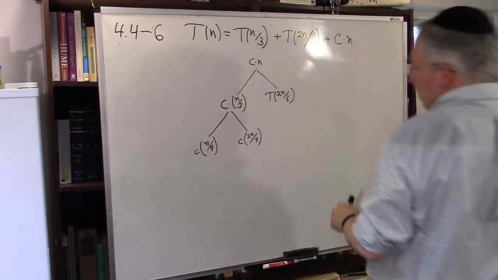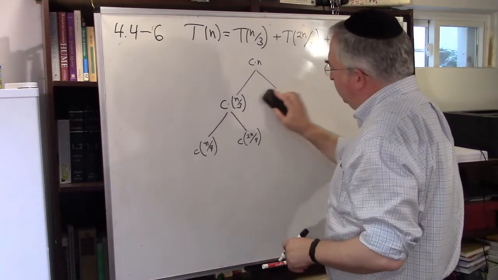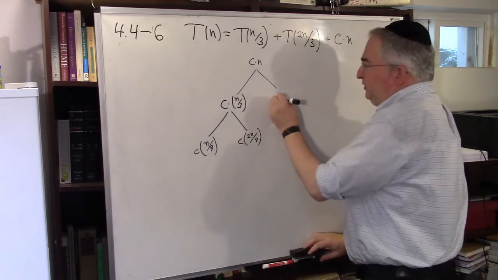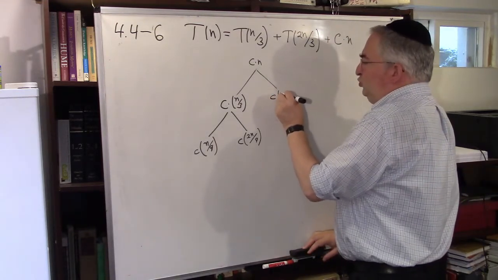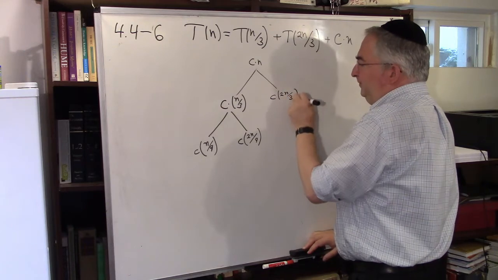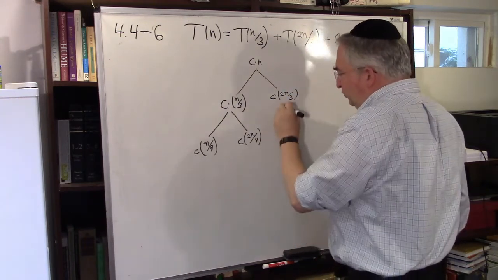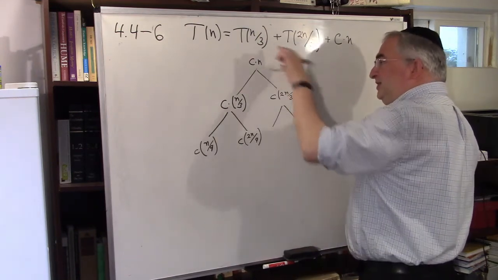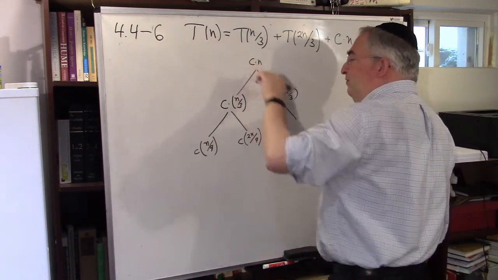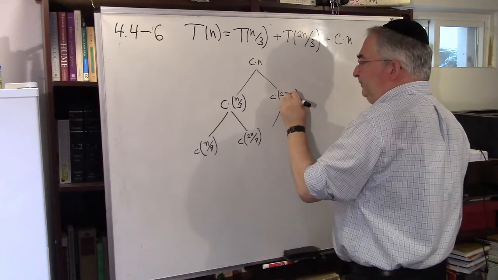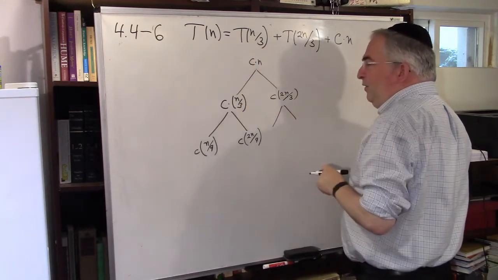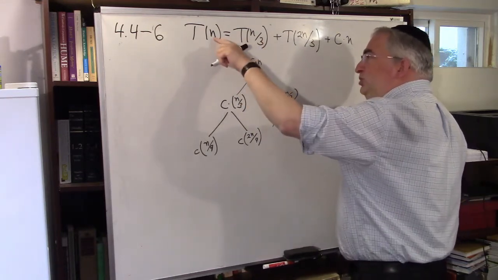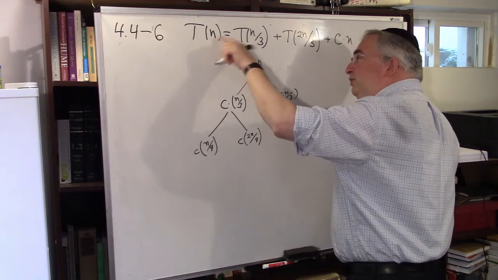Now we're going to erase this and put in its 2 children. So this is c of 2n over 3, and it has 2 children. Now here's where it gets more interesting. We're plugging in 2n over 3 here. If n is equal to 2n over 3, what does this become?